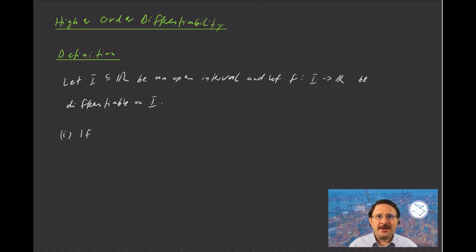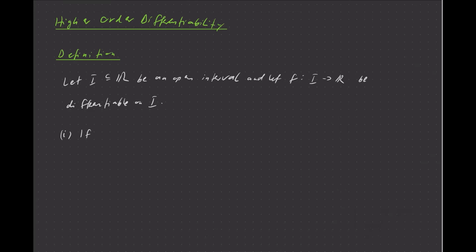And that is why we need f to be differentiable on I, so that f prime is actually a function that is defined in some interval around the point x star. If f was only differentiable at some point x star, we would only have that value and not a function that we can actually work on. So that's why we need f to be differentiable on I and not just at a single point, even though we first define differentiability of f prime, so second order differentiability of f, just for that single point.